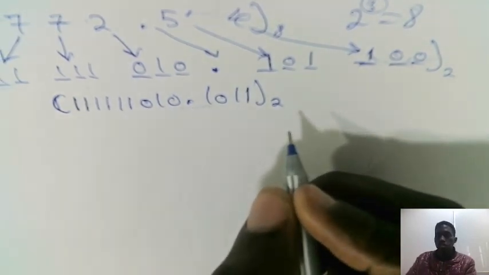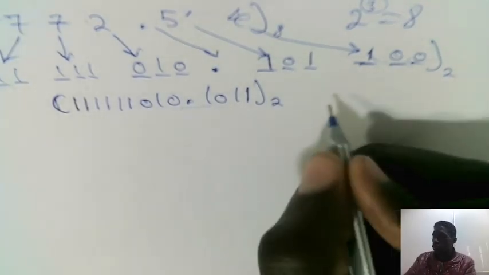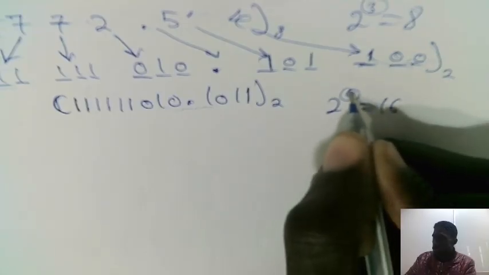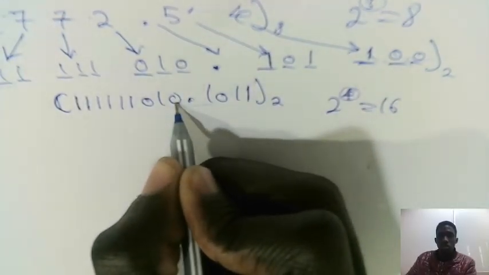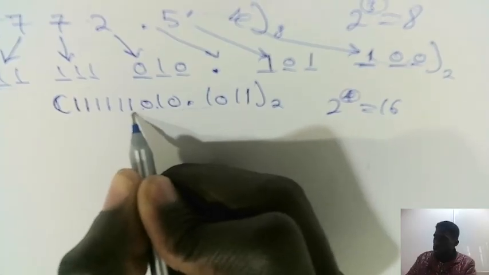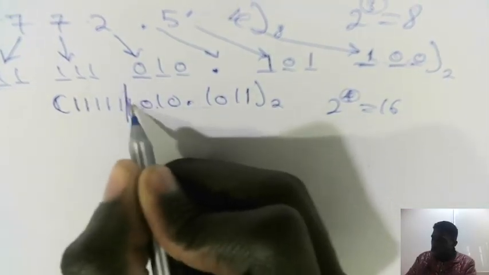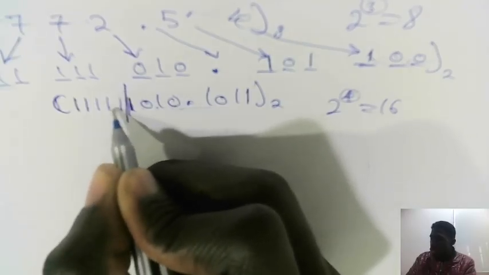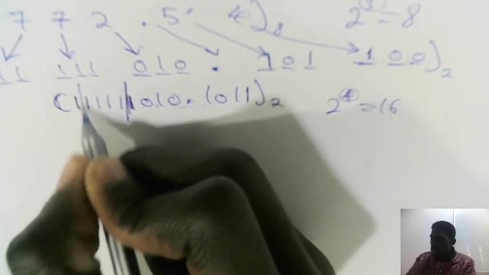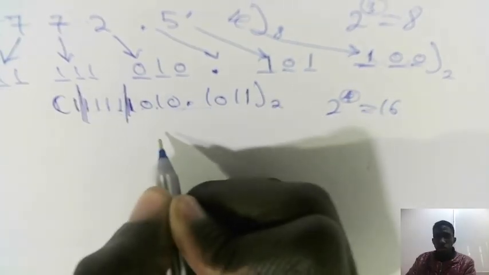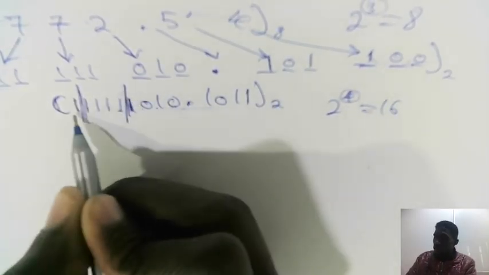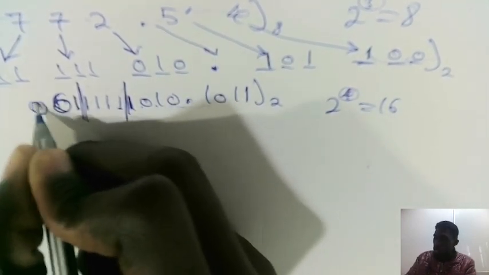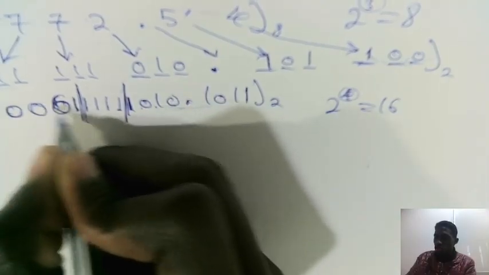Now we convert to base 16 by grouping in groups of 4. 2 to the power 4 is 16, groups of 4 now. So from here, 1, 2, 3, 4. Make a mark after 4 bits. 1, 2, 3, 4. You make a mark again after 4 bits. And here we only have 1 bit. We need 4 bits, so I'm going to add in 3, not 1, not 2, but 3 zeros at the beginning.